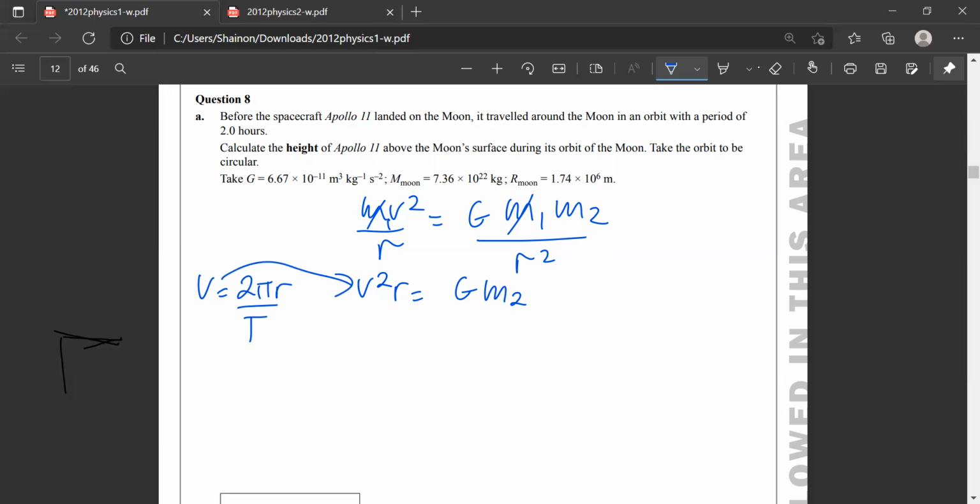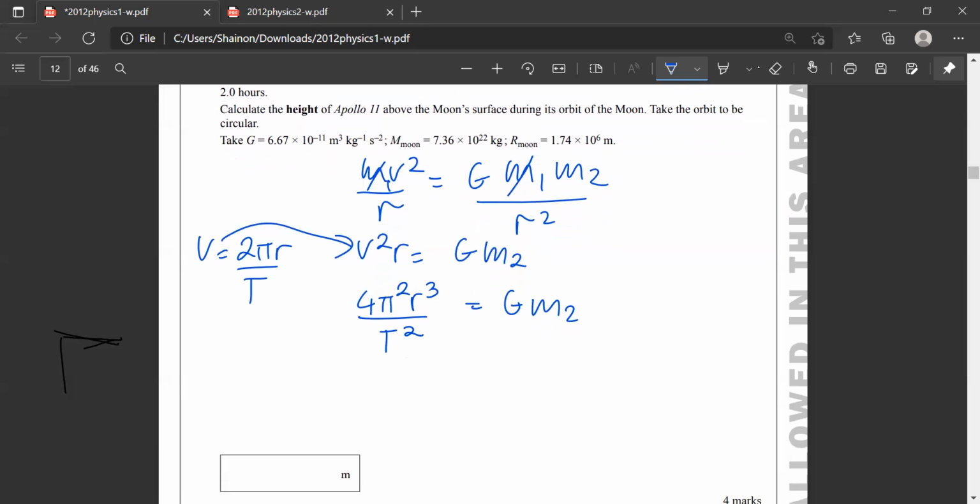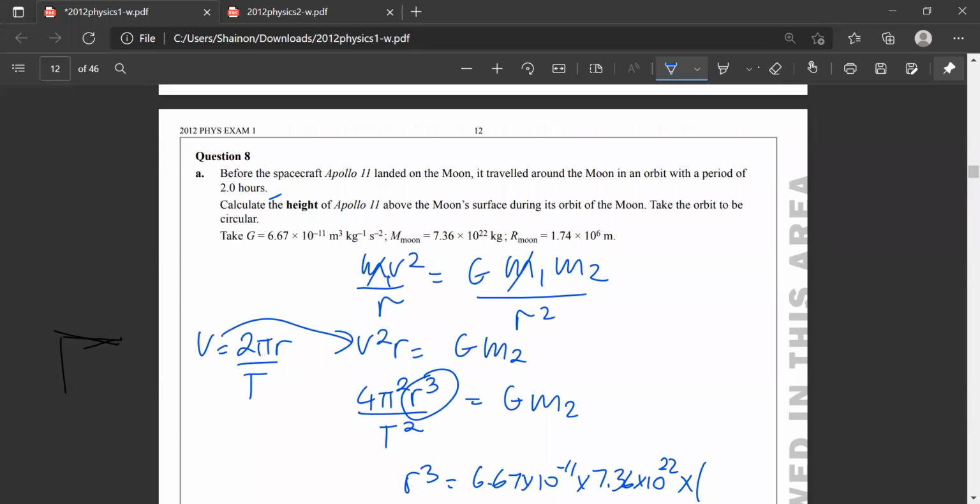Just sub that in, and you'll get r cubed equals GM T squared over something. So then we're solving for the distance. And the period is here, but we need this in seconds.